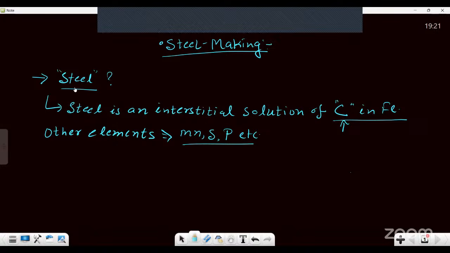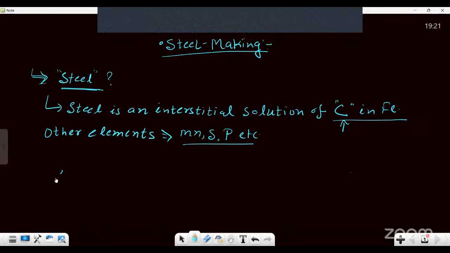And why is steel such an important material? Steel is important because when we add carbon in iron, it increases the strength.